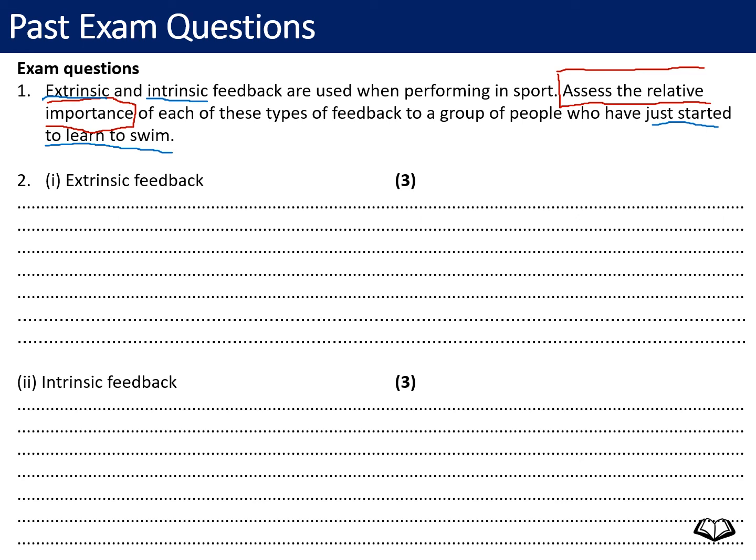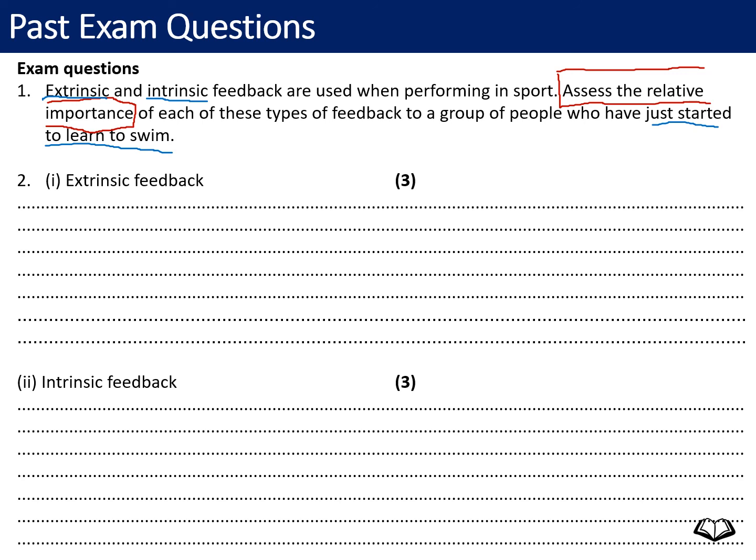So now that we have bugged that, and we look at extrinsic feedback, so feedback that comes from an outside source, is that going to be important for novices? Or do they know it already? Can they just self-correct? Can they make those adaptations because they've got loads of experience? Well, in this case, we know they're just learning to swim.